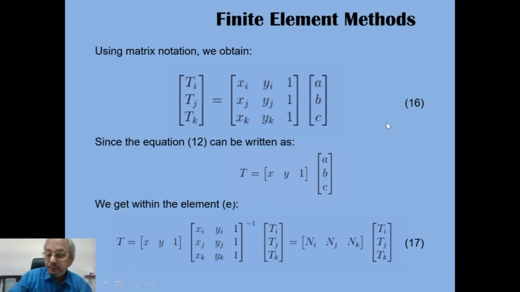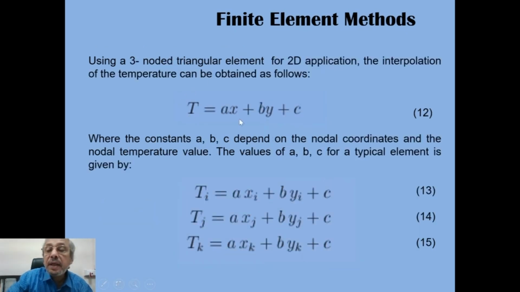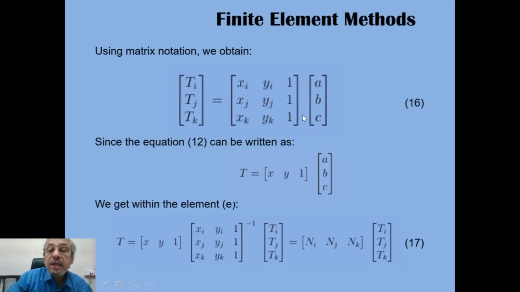Since our major target was to represent equation 12, equation 12 is then Ax plus By plus C, and if Tijk is given by expression 16, then we can write equation 12 as x y 1.